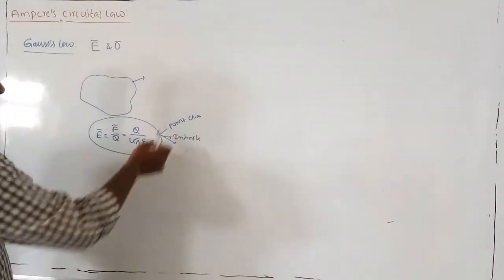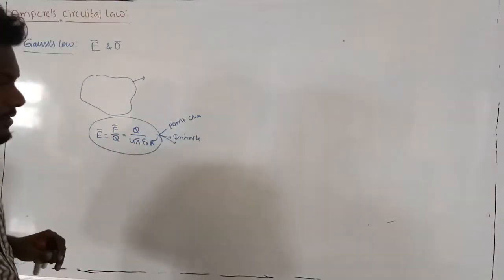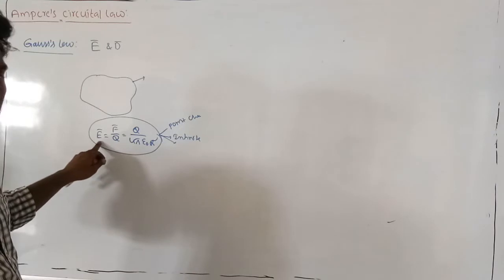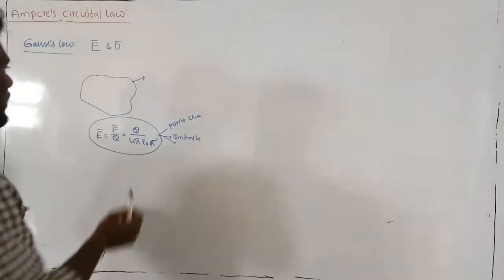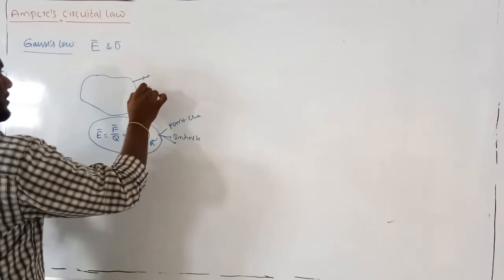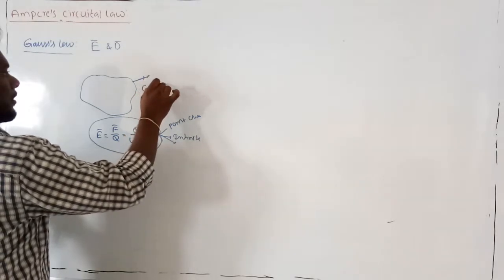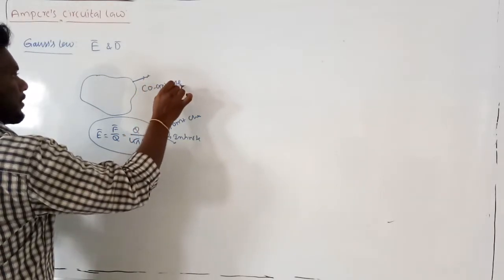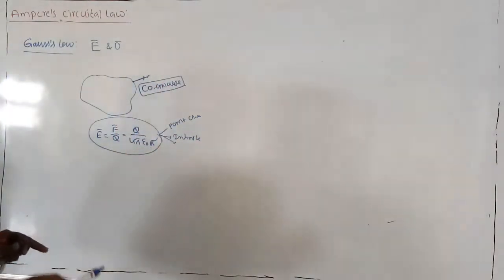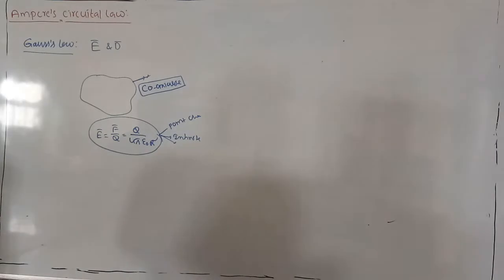As these are very simple configurations, for them we have calculated the electric field intensity with the help of Coulomb's law. For complex problems, just take a coaxial cable. For a coaxial cable, calculating the electric field intensity using Coulomb's law is not possible.